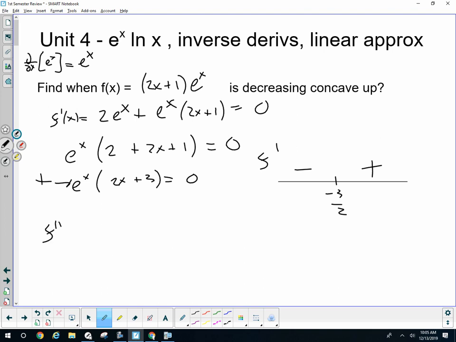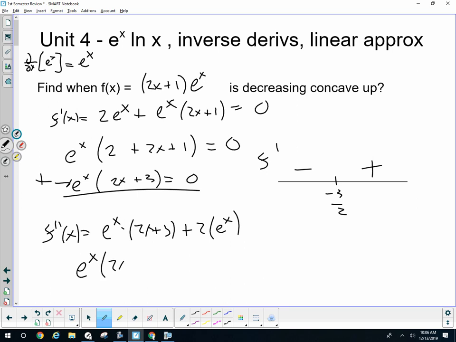Now let's look at the second derivative. I'm going to take the derivative of this. It's already simplified. Derivative of the first times the second plus the derivative of the second times the first. And again, factor out an e to the x. Set this equal to 0 to solve.